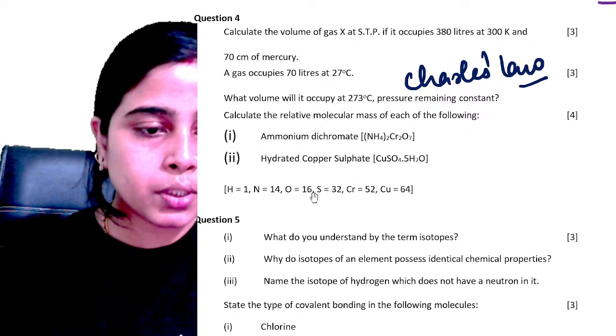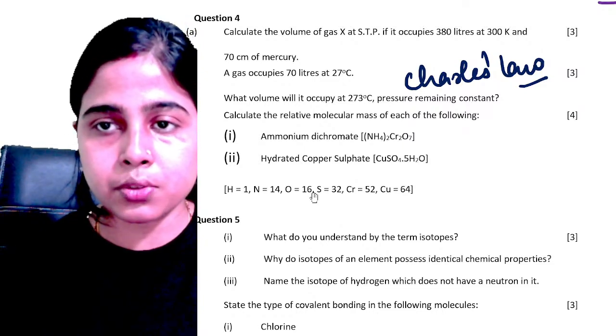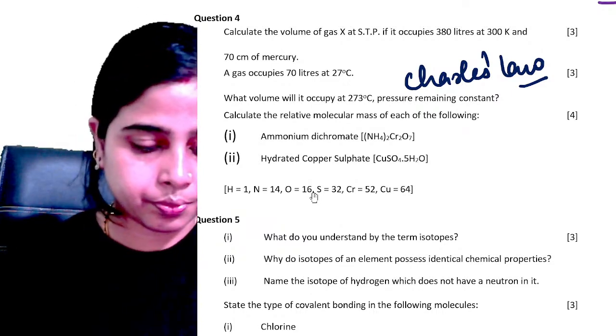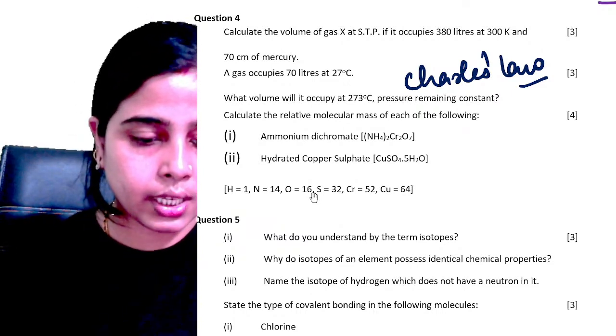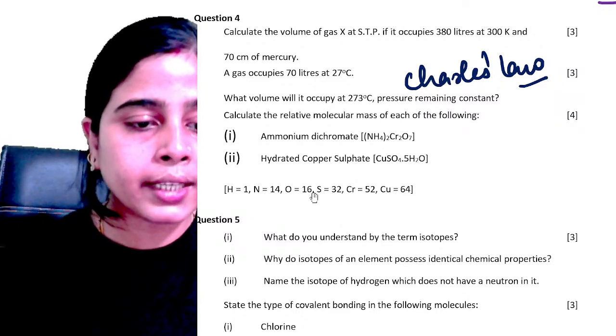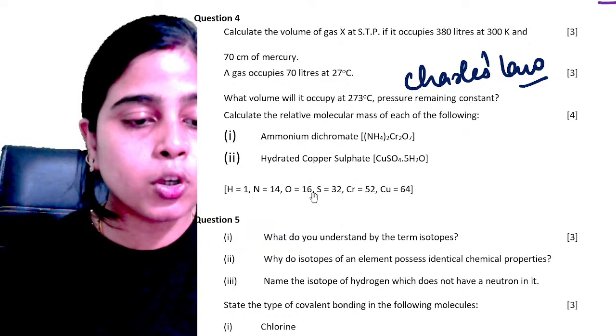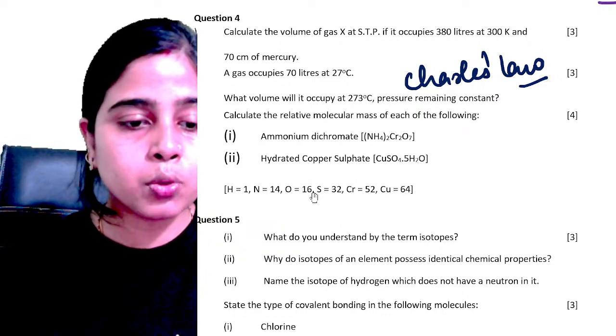Harsh, it is coming out to be 294, I suppose. Yes, it is coming out to be 276. Very sorry. You have given the answer 294 and the answer is coming out to be 276.